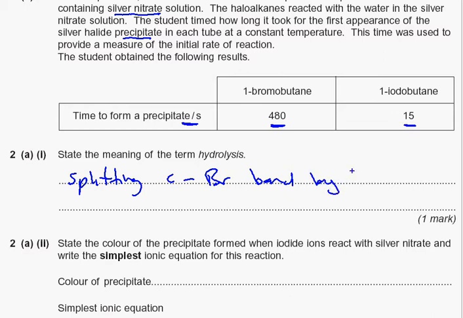By the addition of water. You can see where the mark is. You must say by the addition of water, not just the splitting of the C-Br bond, but also by the addition of water. Right, and here comes the memory work, and I knew it was coming.